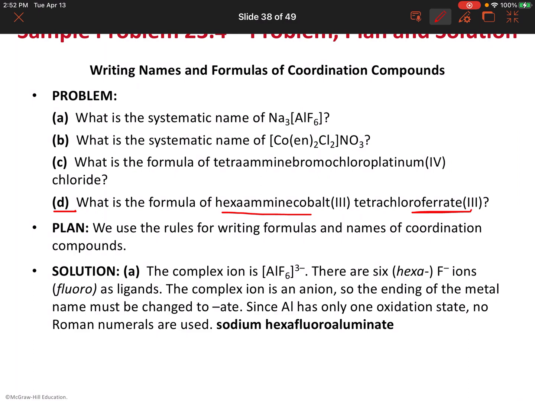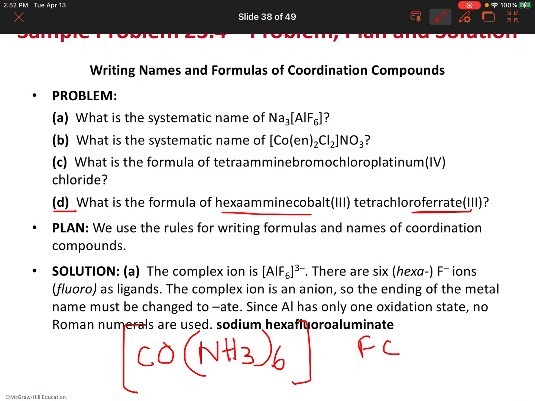So hexaamine means there are 6 ammonia groups. Hexaamine cobalt, that's going to be your complex cation. And then for your anion, it would be tetrachloroferrate ion: tetrachloro, Fe, tetra means 4, Cl4. FeCl4.